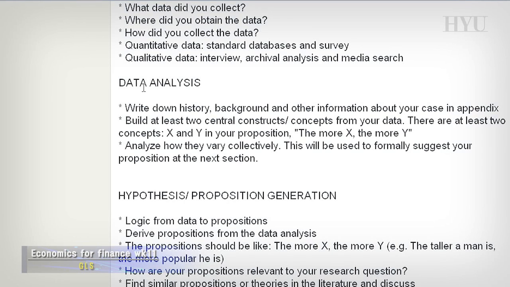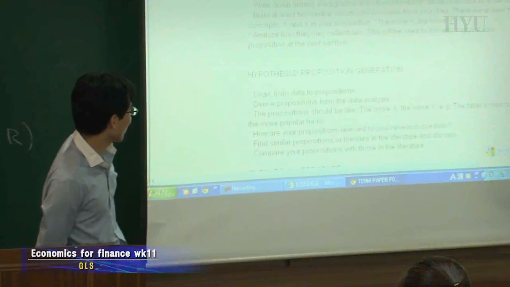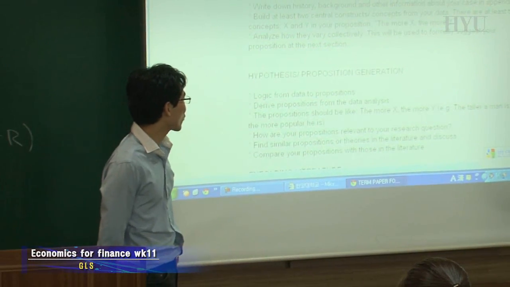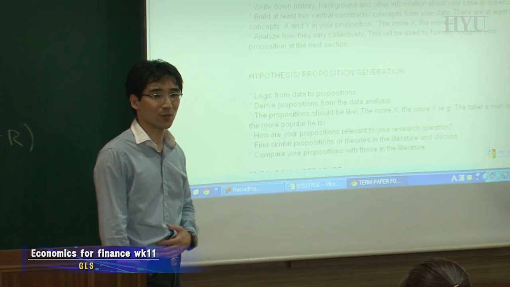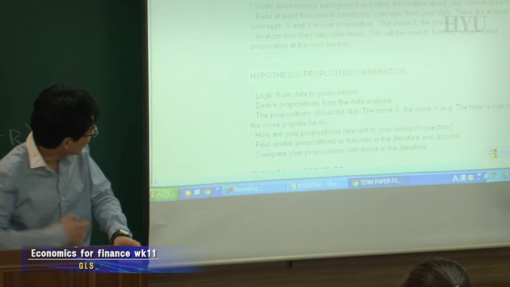So basically, your proposition will be your investment idea. Anyway, your proposition should be like the more x, the more y. And then you have to think about how your proposition is relevant to your research question and your investment idea.